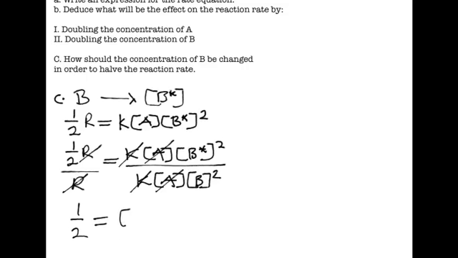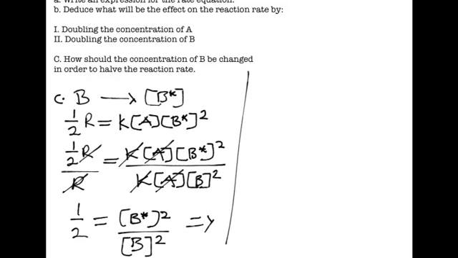our B asterisk squared divided by B squared. So what if we multiply through by B squared? Let's bring it to the top here.